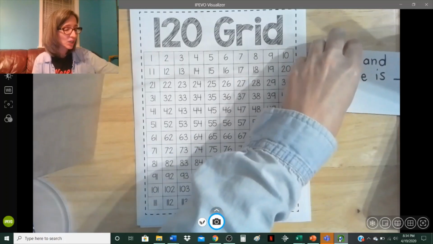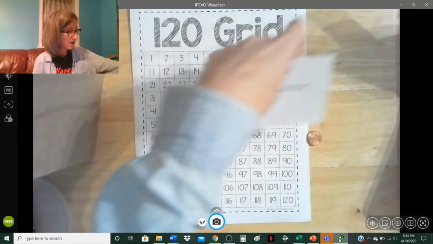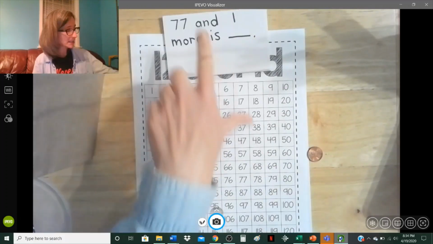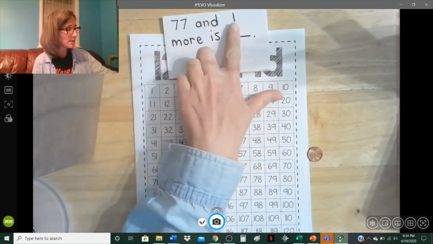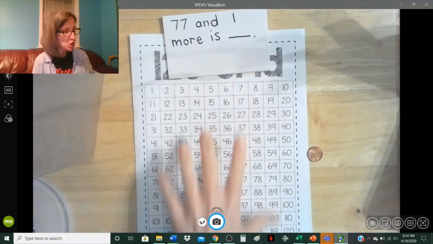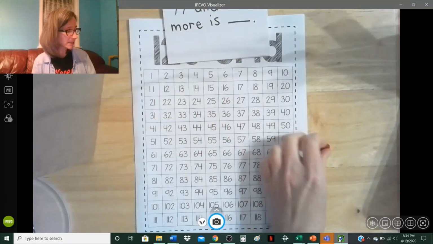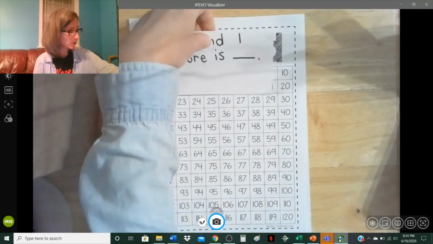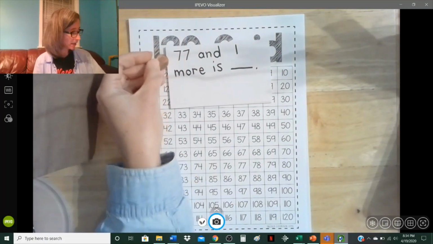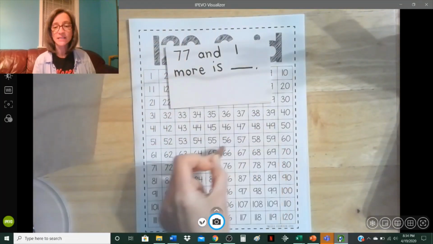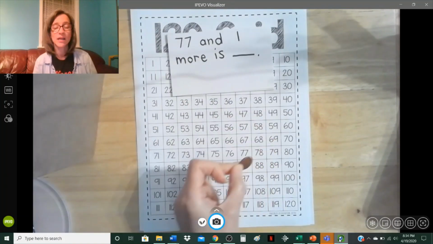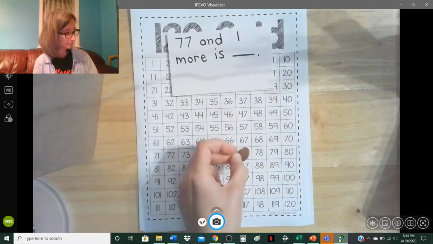Now we're going to get a clue, and we're going to have to figure out the answer to the number riddle. So this clue says 77 and 1 more is blank. So I'm going to start by using my penny to find the starting number. The starting number was 77. Can you find 77? 77 would have 7 tens and 7 ones.